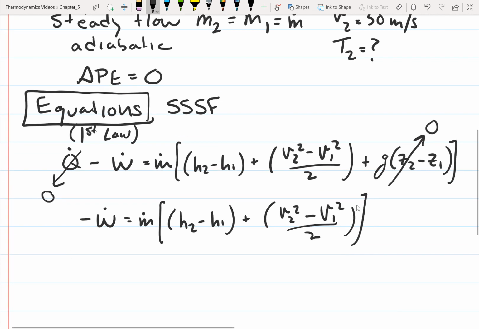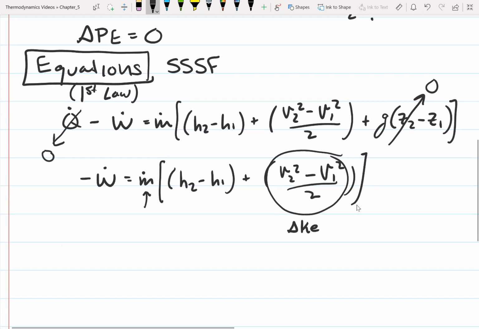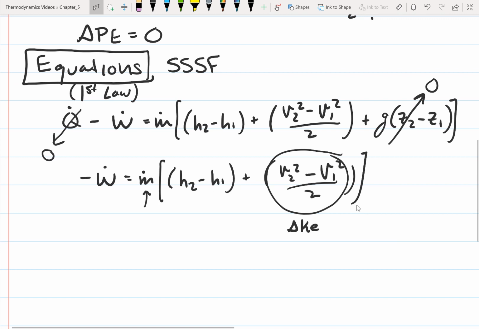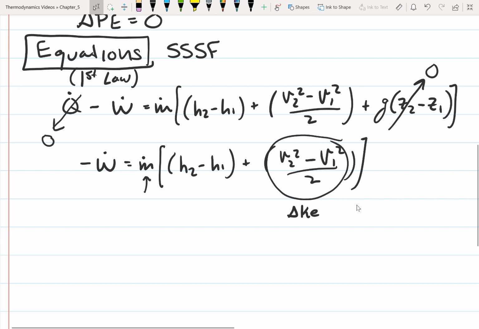And then, since this term is the change in kinetic energy, and it's on a per mass basis since we're multiplying it by the mass flow rate here, this term is the change in kinetic energy, which is one of the things we're looking for. So I'm going to change that term in this equation to the change in kinetic energy, and then we have the negative work is equal to m dot (H2 minus H1 plus delta KE).